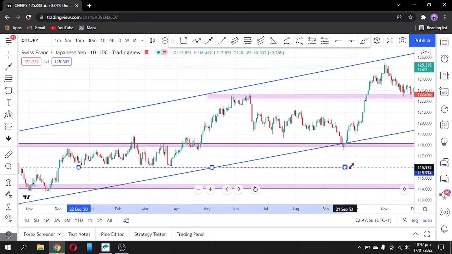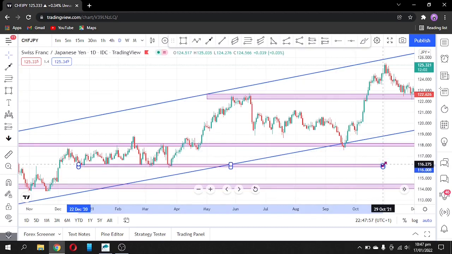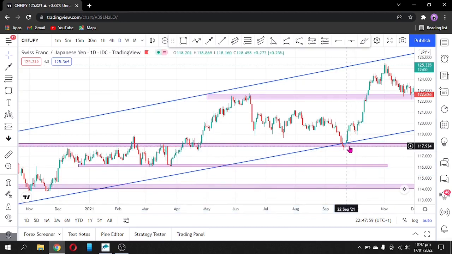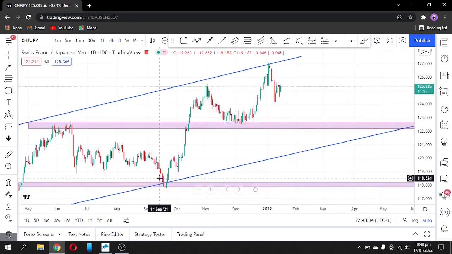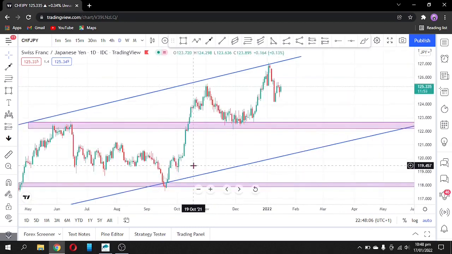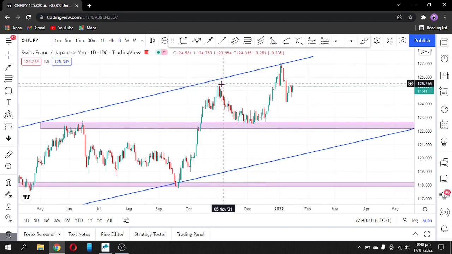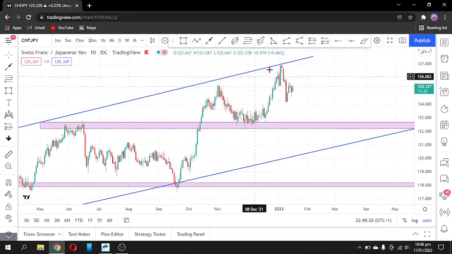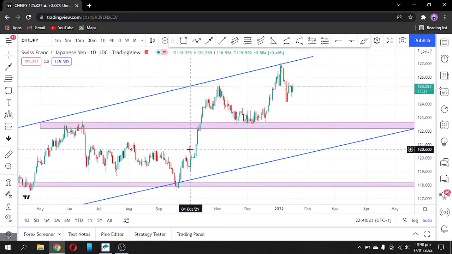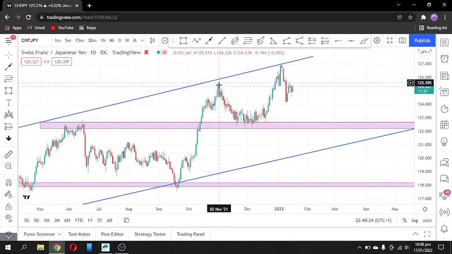If we draw it to this level, we will see that price did not go below this previous low. So this continues to give us the confirmation that the trend is bullish. At this support, we then have a reversal signal. We have this hammer here, and then price after that pushed up to this bullish resistance, and this also means a breakout and then a retest.